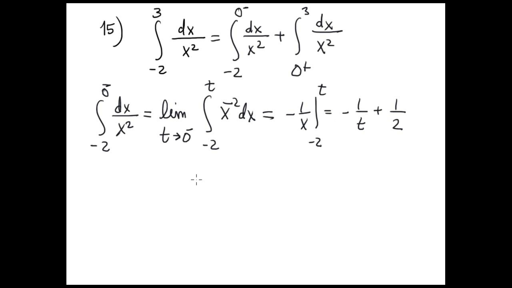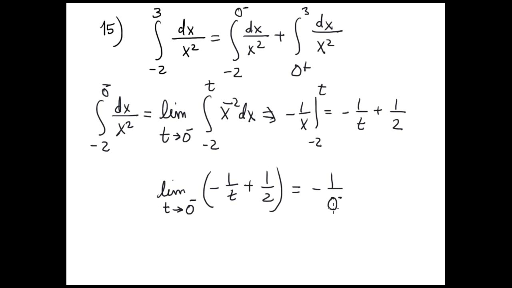Okay, now apply the limit. The limit of this expression, negative 1 over t plus 1 half. This is negative 1 over 0 minus, plus 1 half.